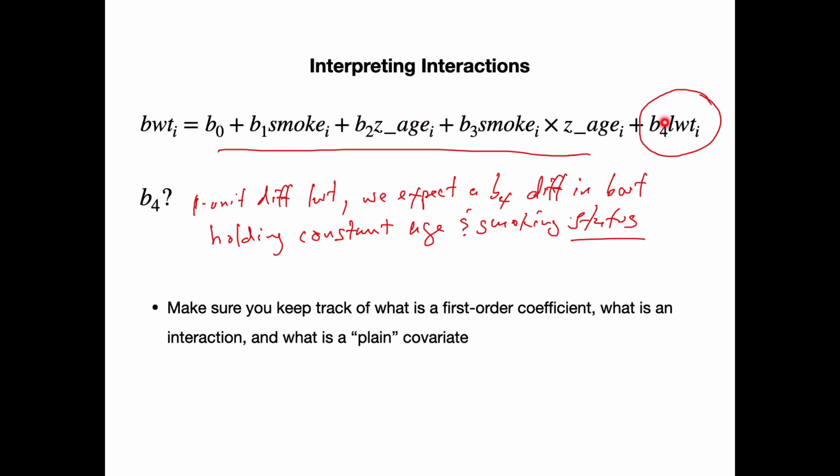It does not affect this third one, except that we're holding the other things constant. So this ends up being a plain old covariate, and this is a partial slope. The fact that these are first order coefficients only happens because we have smoke and age in the model.